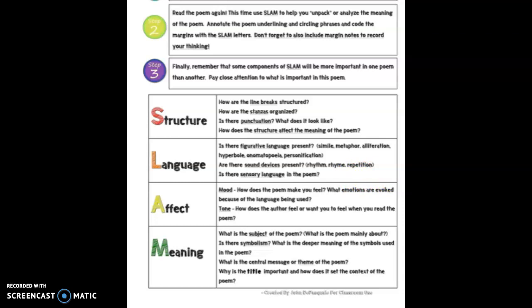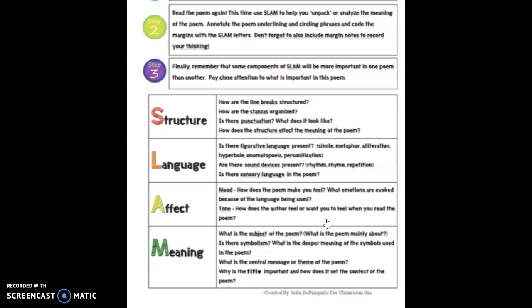Okay? The affect. Affect deals with mood and tone. The mood is, how does the poem make you feel? What emotions come up or arise in you because of the language or the words that are used in the poem? And then you have the tone. The tone is, how does the author feel about the subject? You can pretty much tell what the author feels about it, or the author's tone, by the words that they use.